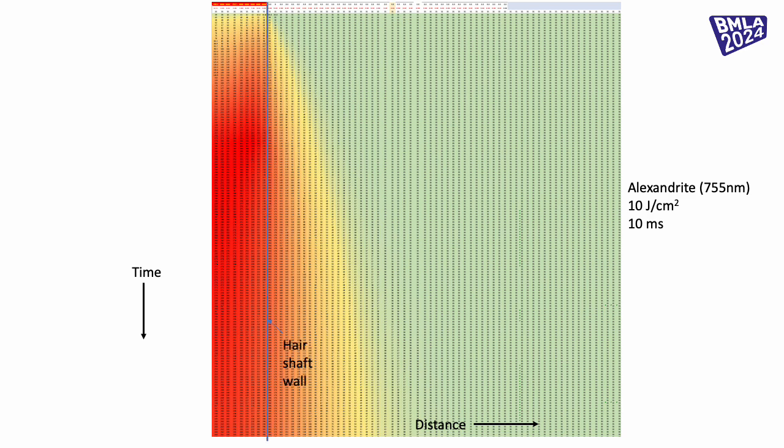This is the hair shaft wall, the follicle wall where the germ cells live, the dermis there, and the pulse width ends at this point here. The red colours indicate where it gets quite hot, yellow and orange are a little bit cooler, and green is the background dermal temperature.